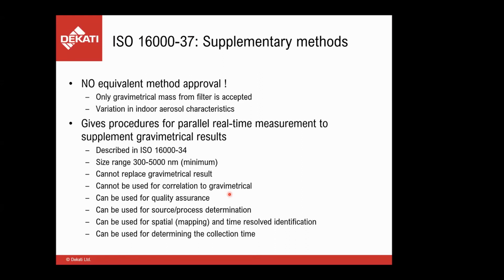You're not allowed to replace the gravimetric result with just a real-time measurement, and you cannot correlate the gravimetric measurement with the real-time data. But the real-time data can be used for quality assurance. It can be used for source and process determination. And what we already talked about, spatial mapping, time-resolved identification, and of course, it's very useful in determining a suitable collection time for the filter.